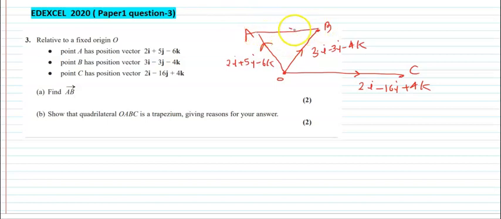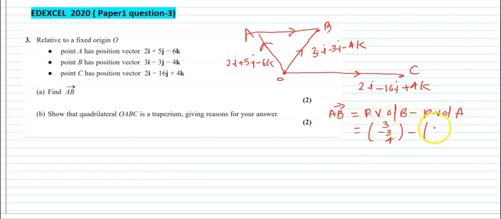So you join A to B. To find AB, it will be position vector of B minus position vector of A. It is always second minus first. So position vector of B is 3, minus 3 and 4, and position vector of A is 2, 5 and minus 6.